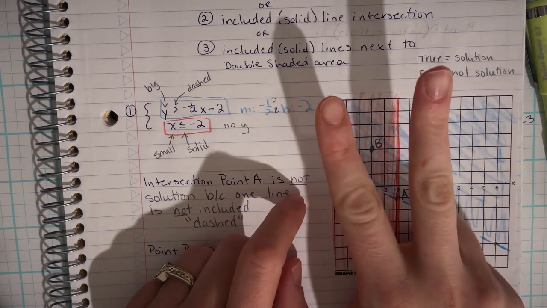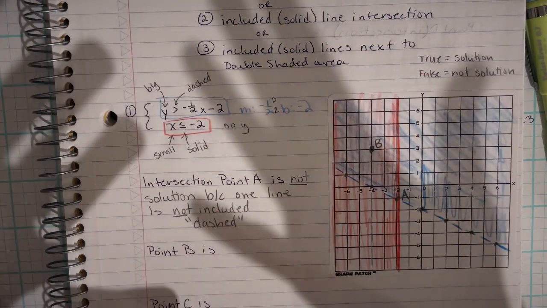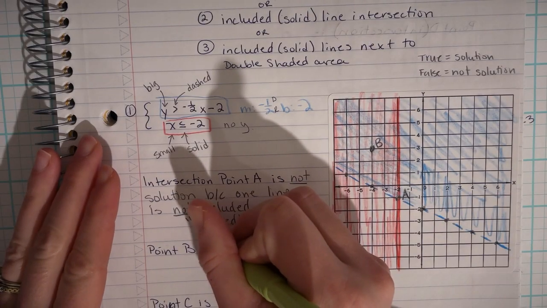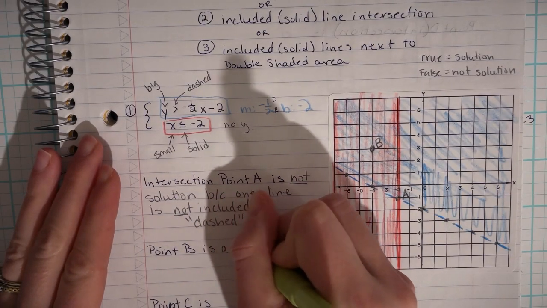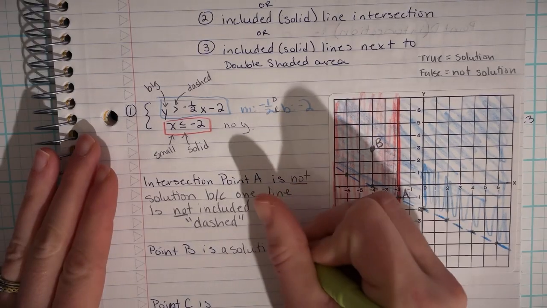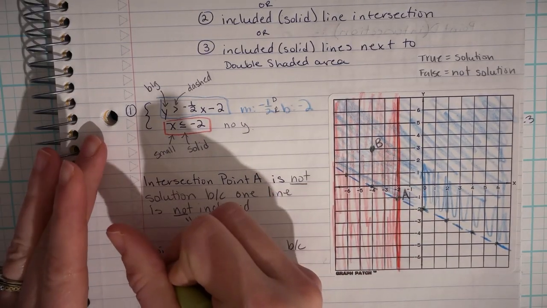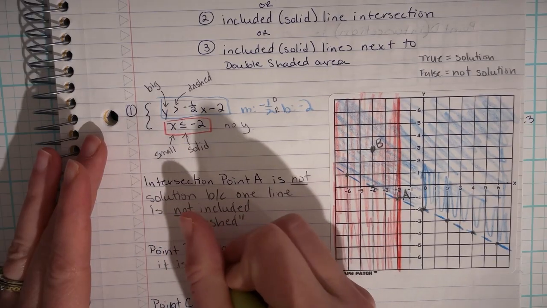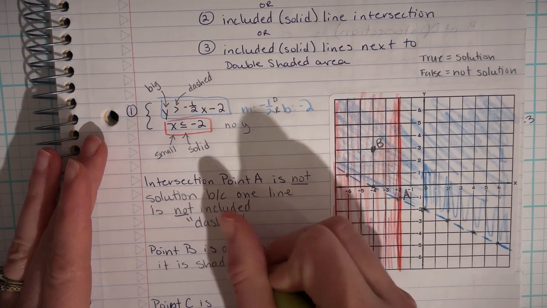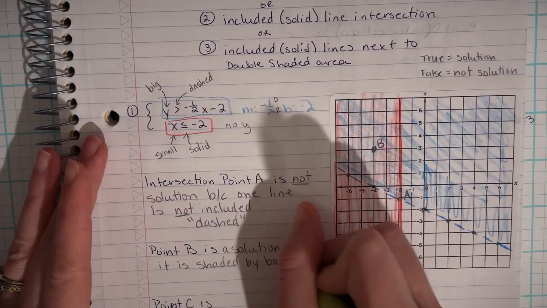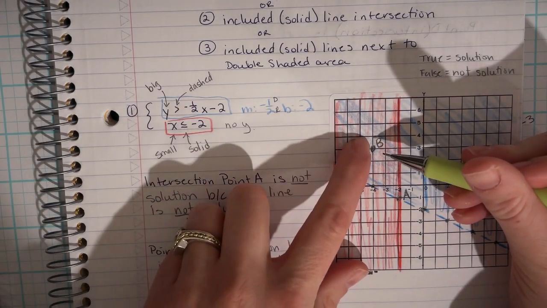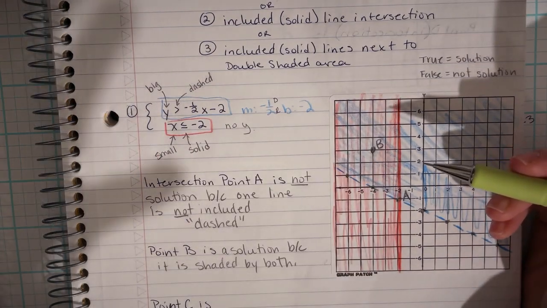So both of them are good. So that means we have point B being a solution because it is shaded by both, right? Both equations have point B in its shaded area.